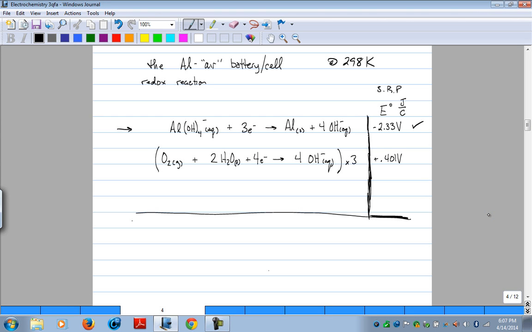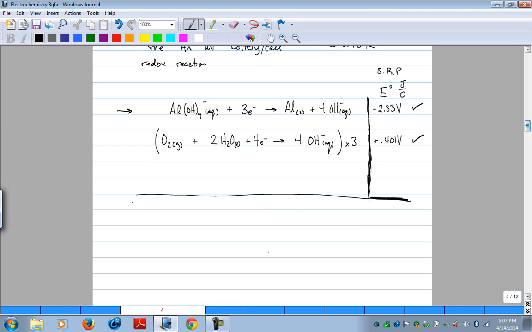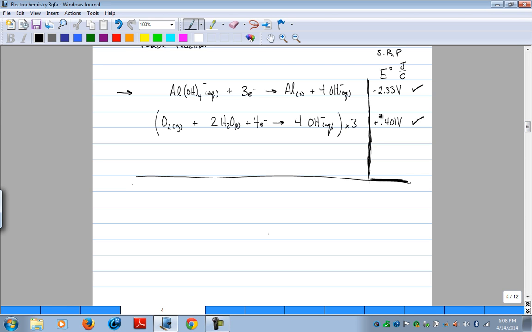And for oxygen, the reduction generates hydroxide, and you see the quoted standard cell potential, and that is available on your AP tables. So between these two reductions as written, you could see from the positive and negative value that oxygen tends to be reduced, whereas the aluminum tends to be oxidized.